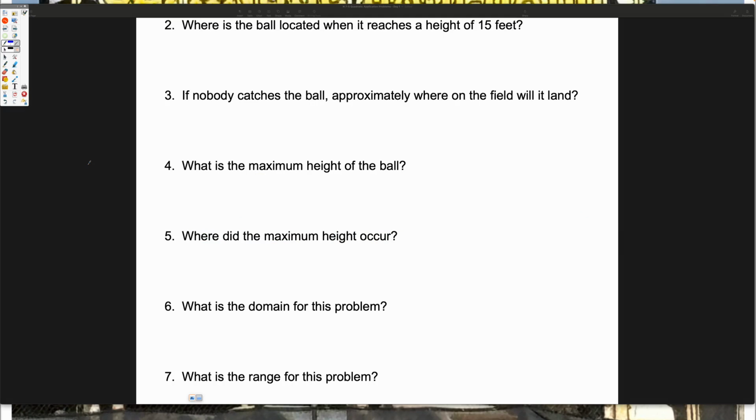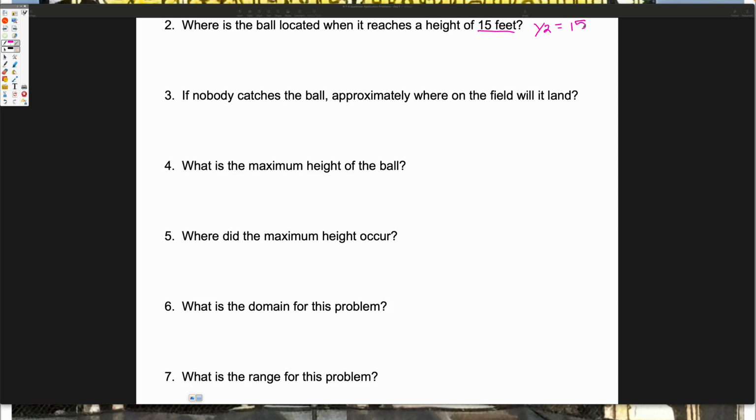All right, on number 2. This is sort of an inverse of the one we just did. Now it's giving us the y value, a height of 15 feet, and it's asking us to find the x value, how far it has traveled. So this time, since this is a y value, I'm just going to enter that into my y2.